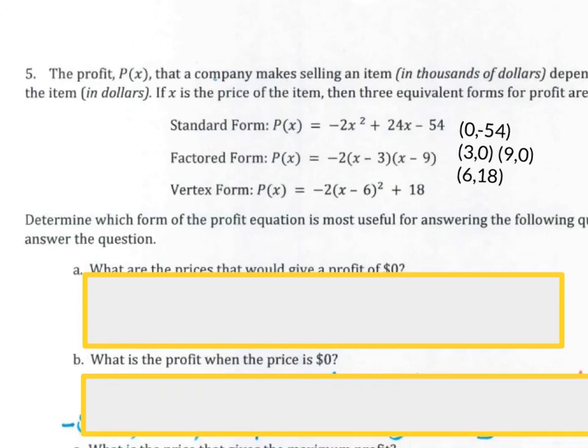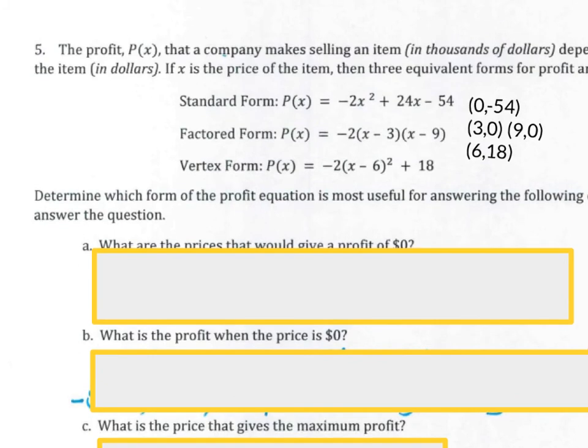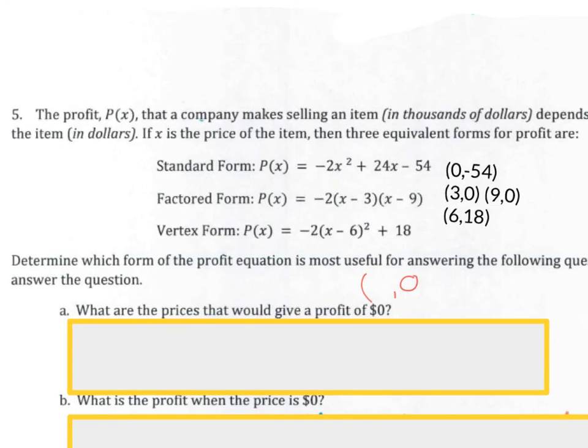All right, so what are the prices that would give a profit of $0? Well, if it's saying $0, that would be 0, because my y value here is talking about profits. Well, that indicates to me I'm looking for my x-intercepts.